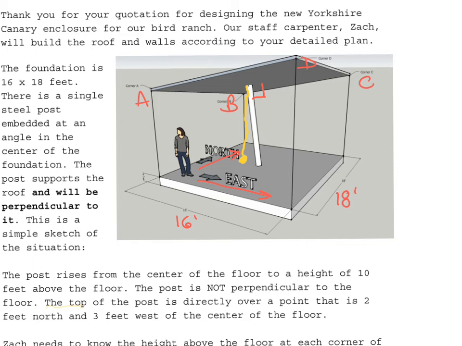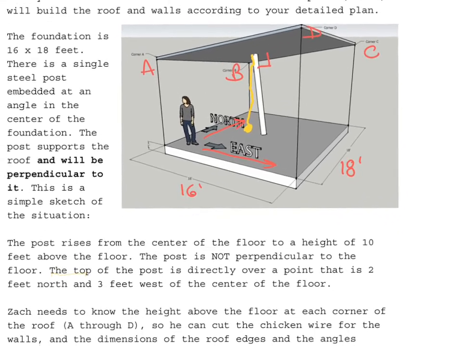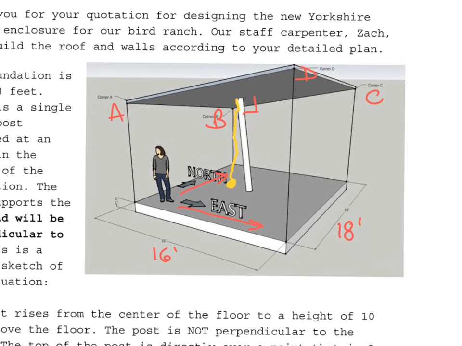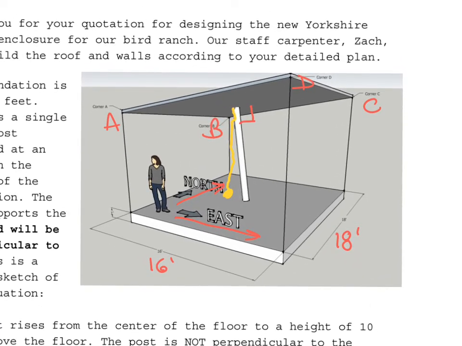We're actually going to get away from the scenario for a while so we can do some background work. And then we'll come back to it later at the end. The goal of this, as you're consulting with Xenops Bird Ranch, is that you are tasked with figuring out how high the corners of the cage are, because the roof is tipped back. It's not going to be the same everywhere, so that the person building the cage can construct the screened walls correctly.